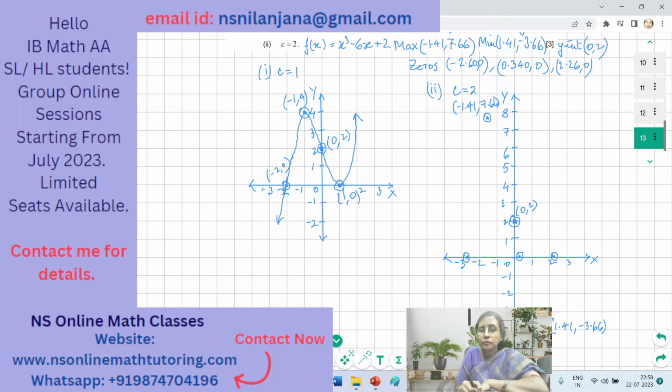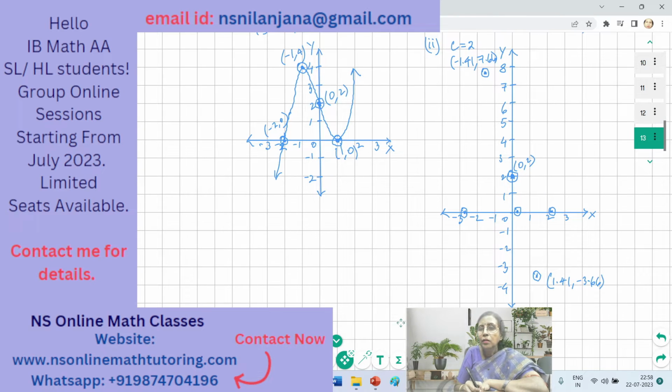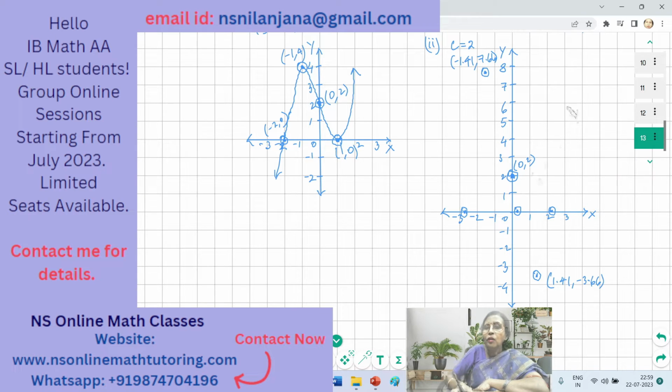Okay. Now can you see the whole thing? I have not connected the points, but I have to connect them. I am trying to connect them.